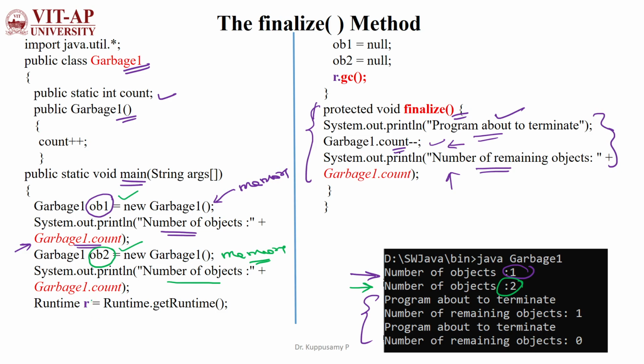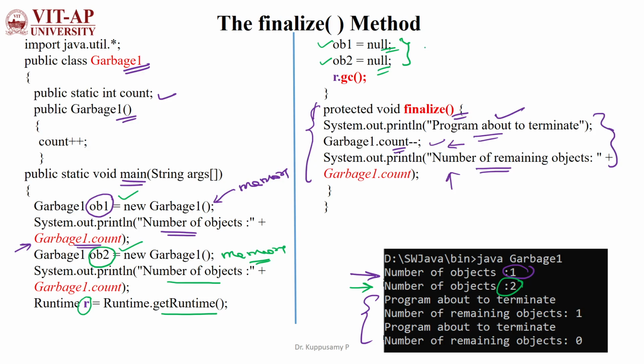Now we are checking the currently running objects in the Java environment by using the getRuntime method. Then we are using the nullify method. We are making the references to ob1 and ob2 null.